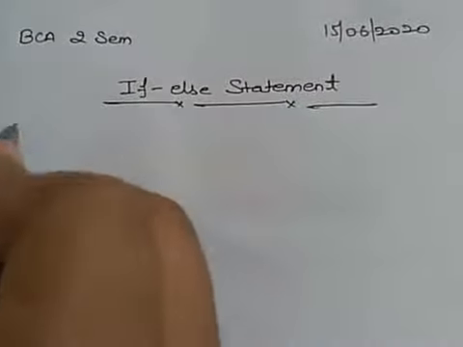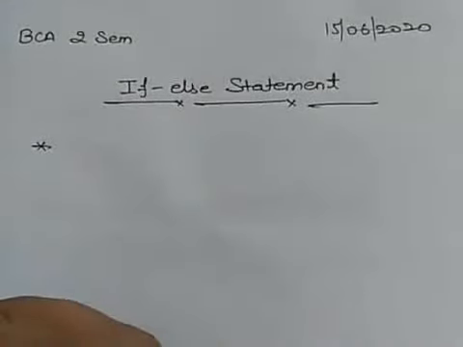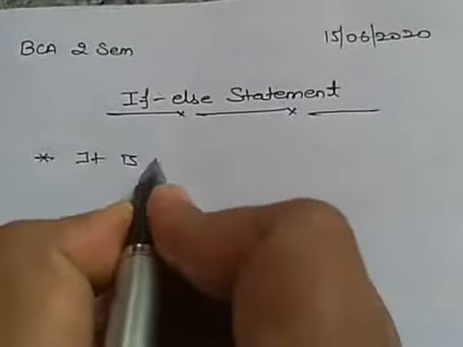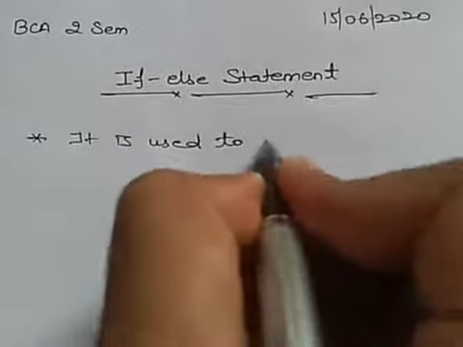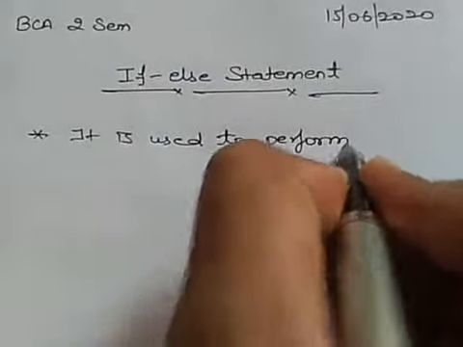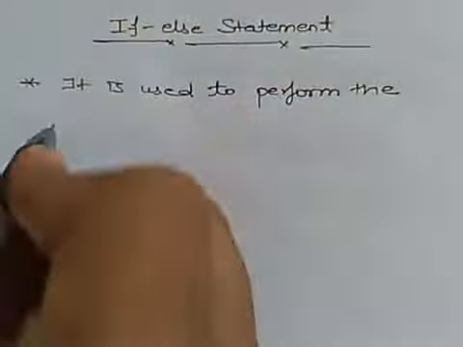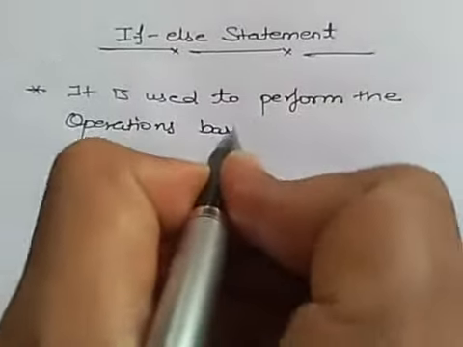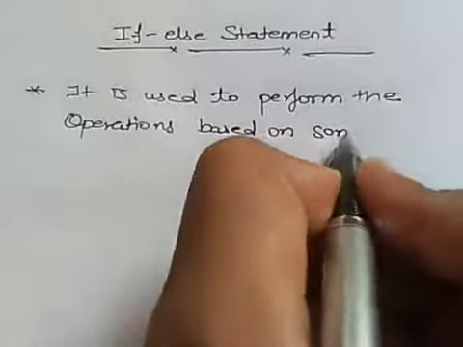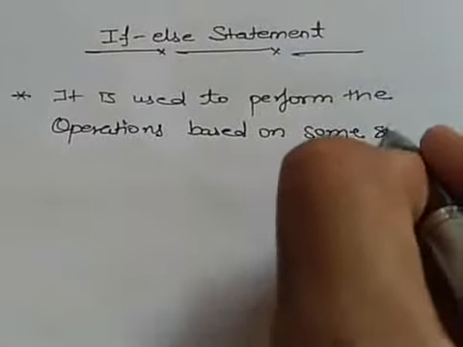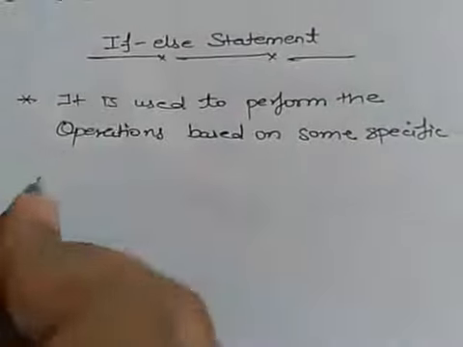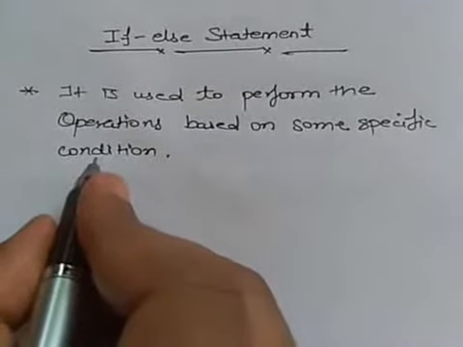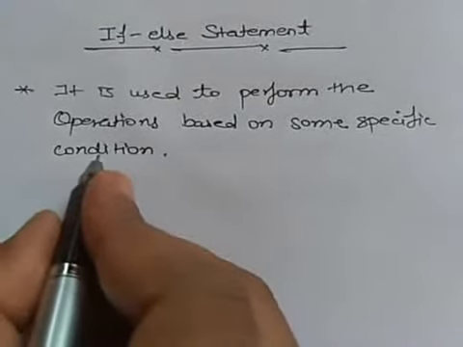Now, this statement is used to perform some specific operations, so we can say that it is used to perform the operations based on some specific condition. A specific condition means a condition based on true or false.